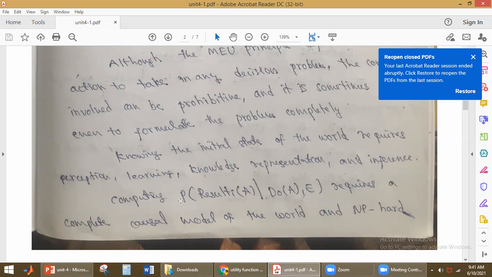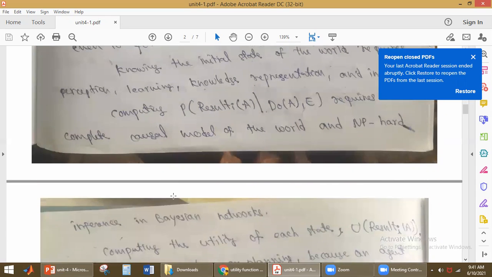That is called a causal model. It also requires NP-hard inference in Bayesian networks. NP here is non-deterministic polynomial.